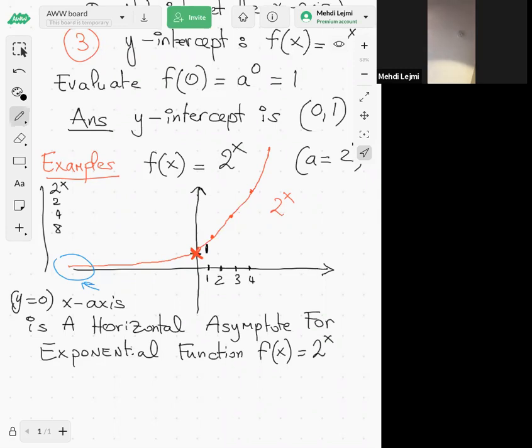Let me just introduce a very special exponential function.